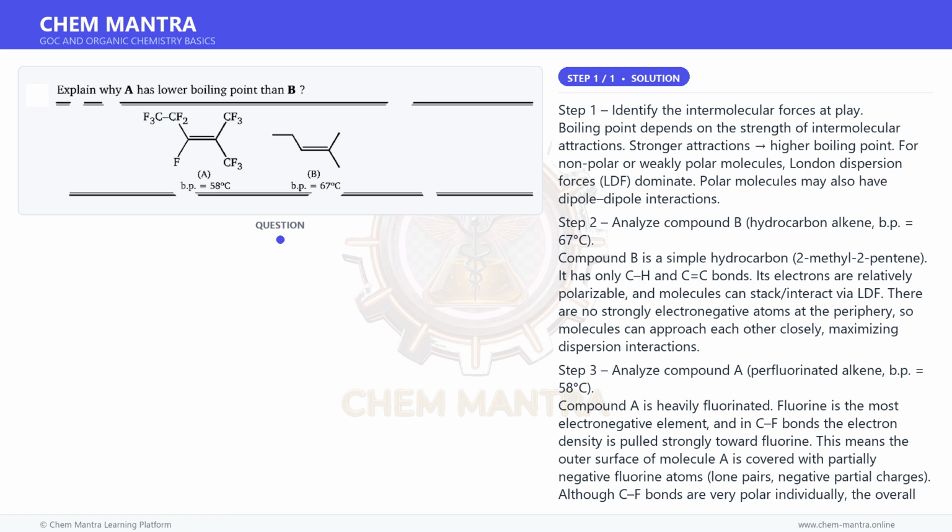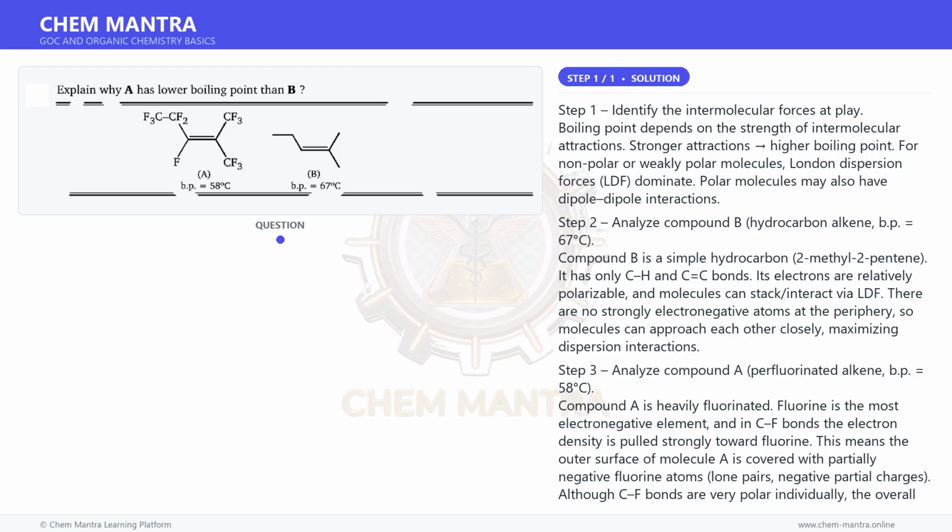Reduced proximity means weaker London dispersion forces. Additionally, fluorine's electrons are tightly held and less polarizable than hydrogen's electrons in C-H, so LDF in fluorocarbons are inherently weaker per unit surface area.